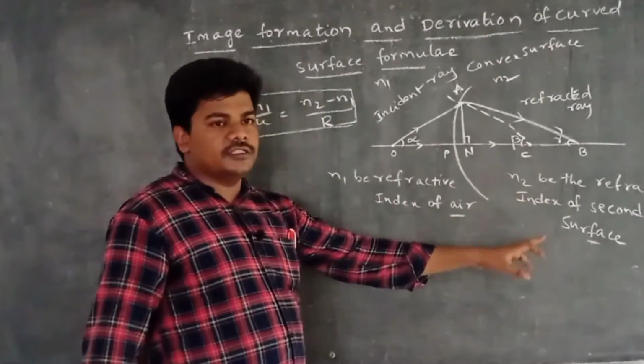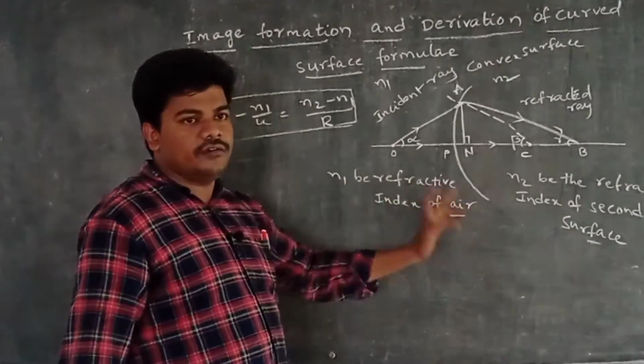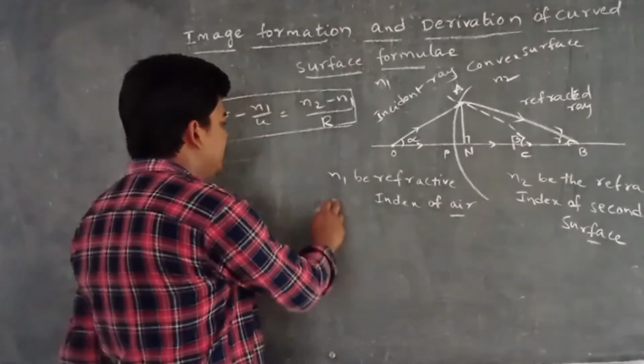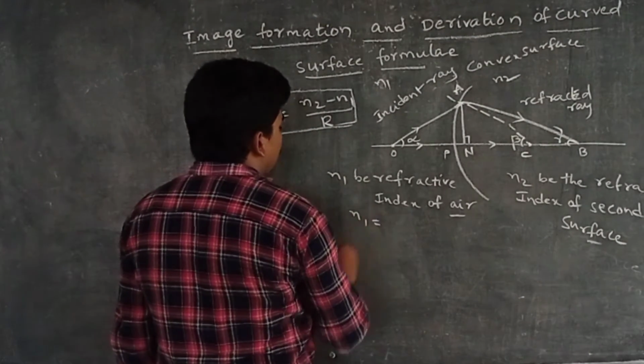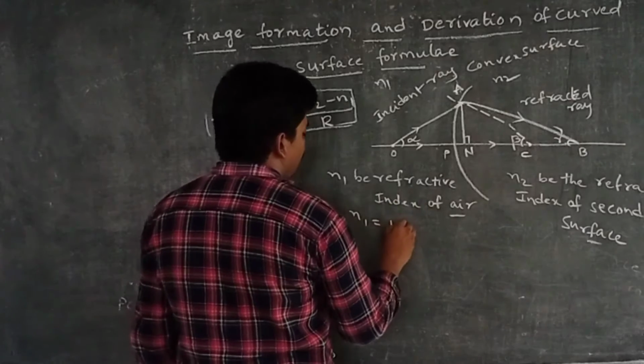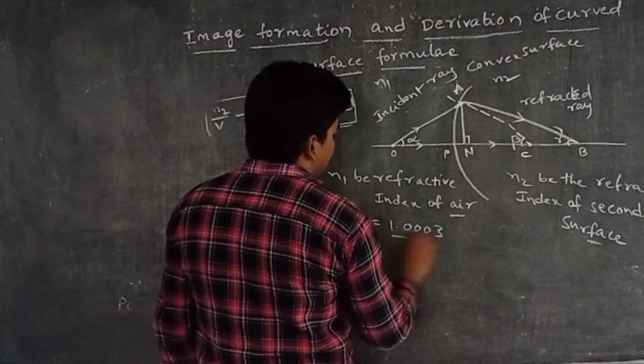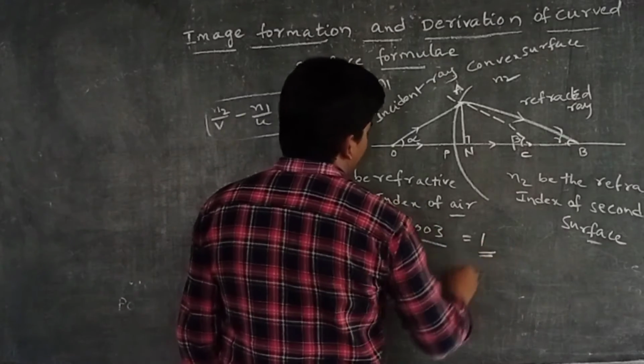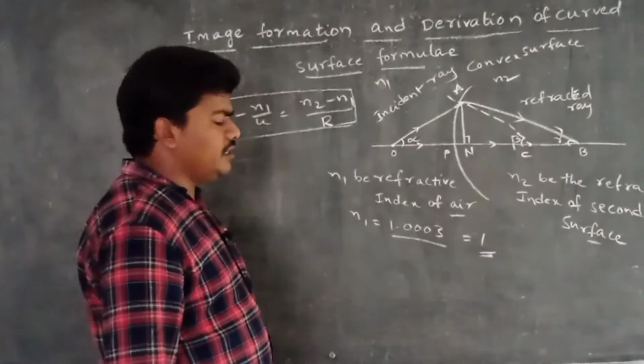We take the refractive index of air, 1.0003, as simply 1.